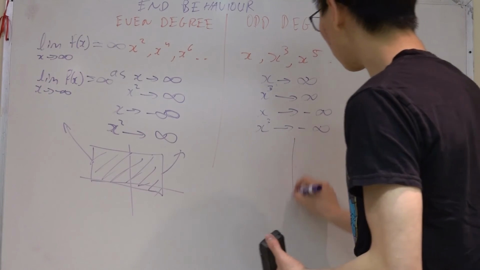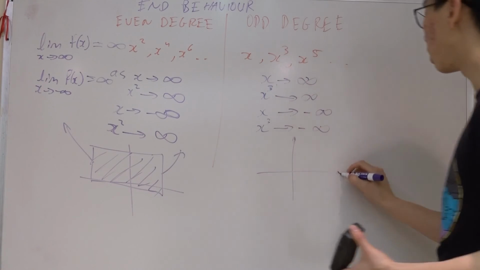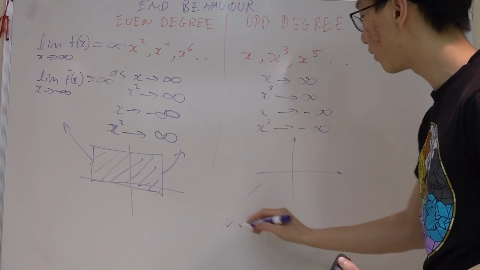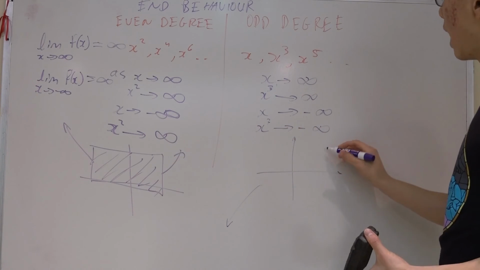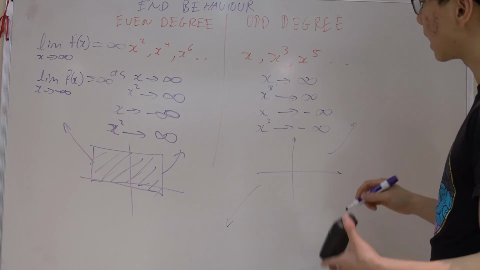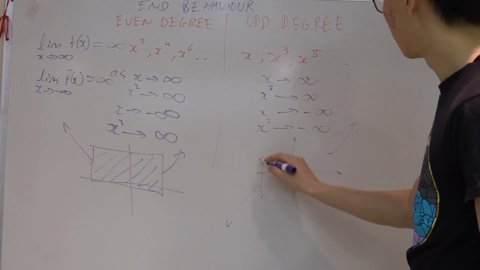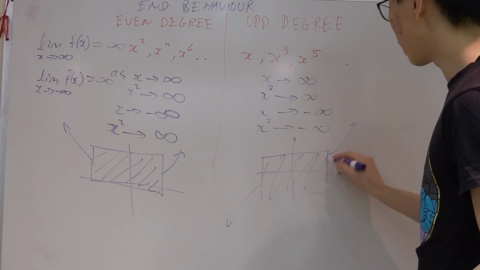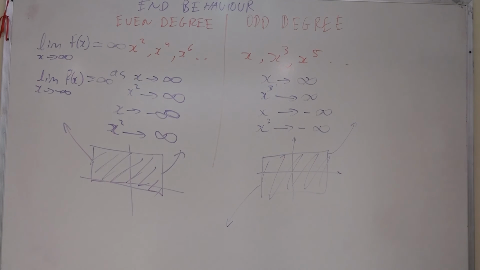So that means that in general, our odd degree polynomials will go to negative infinity as x becomes really negative, and will go to positive infinity as x becomes really positive. It might do some interesting stuff in the middle, but we don't care about that right now. We just care about the end.